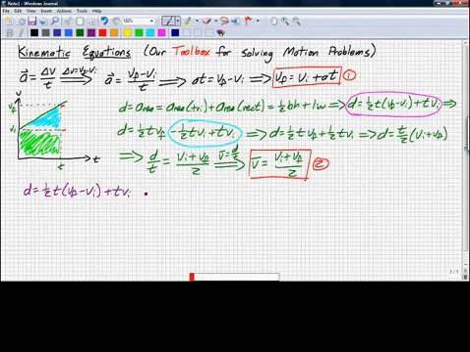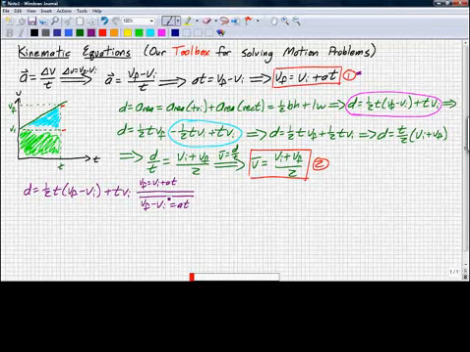Now, our arguments that we make to move forward are going to be a little bit different. We know that vf equals vi plus at. That was from our equation 1 up here. That allows us to say that vf minus vi equals at if we subtract vi from both sides. Well, we can take that and replace vf minus vi over here with at.